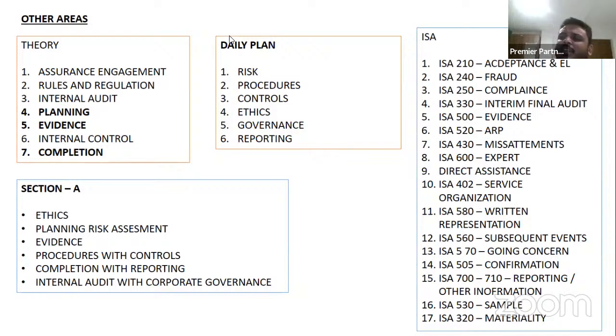So additional communication comes under emphasis of matter paragraph. Under emphasis of matter, there are no misstatements. There is no possibility of misstatements. Whatever is correctly accounted and disclosed, we put under emphasis of matter, but the auditor feels it is important to communicate.